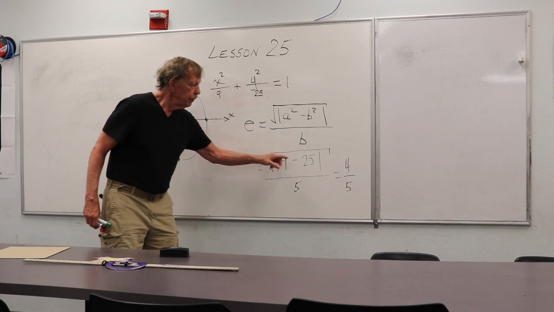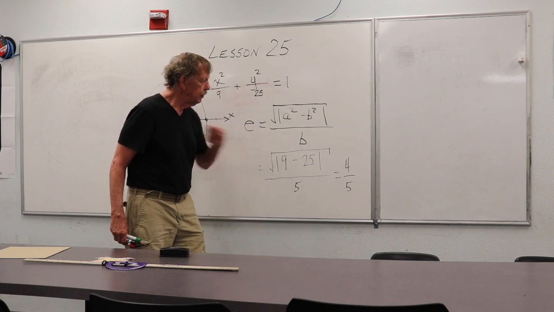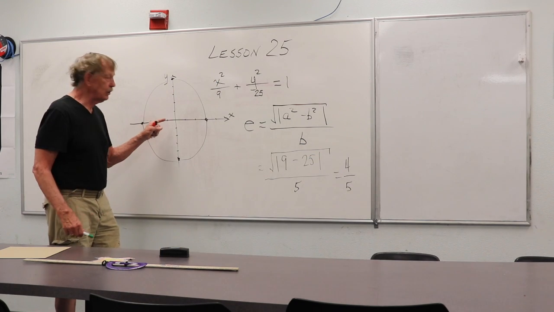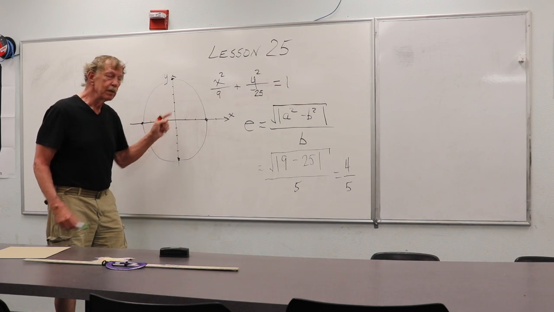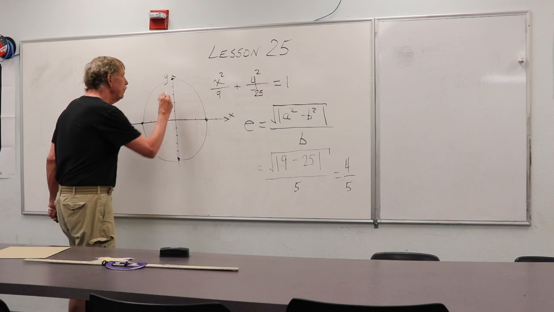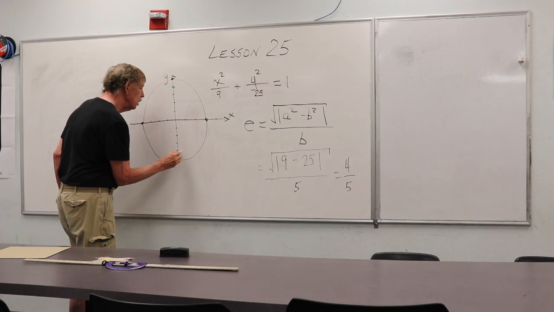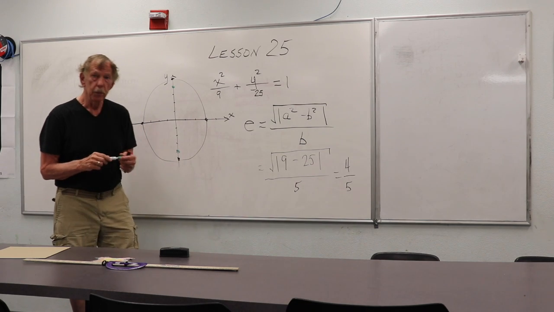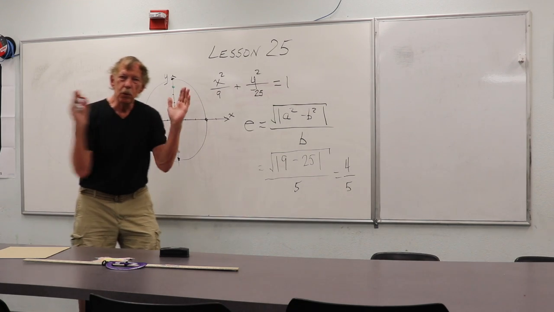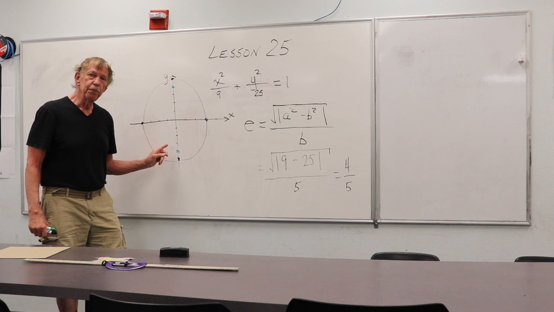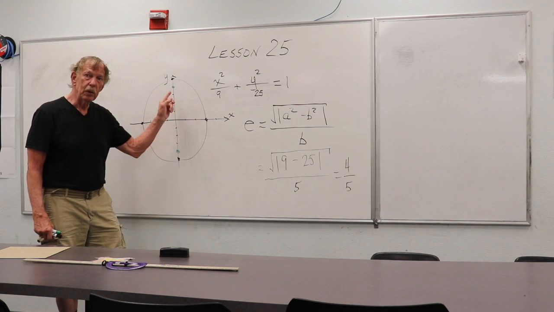Now, this number here, 4, still identifies the location of our foci. 4 up and 4 down. But remember, if the squish is this and the growth is on the y-axis, the foci are on the y-axis also.